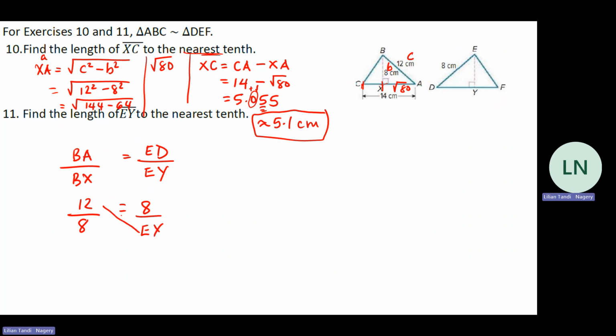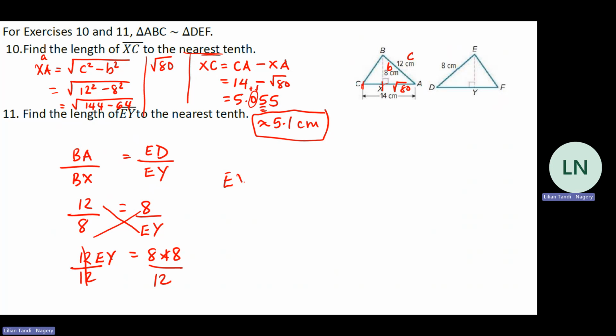So we do the butterfly method. We'll have 12 EY equals 8 times 8. Then we divide by 12, we divide by 12. So we have 64 divided by 12, which is 5.3333.